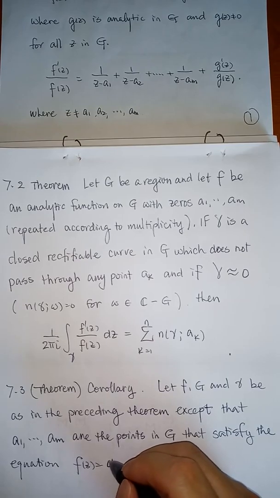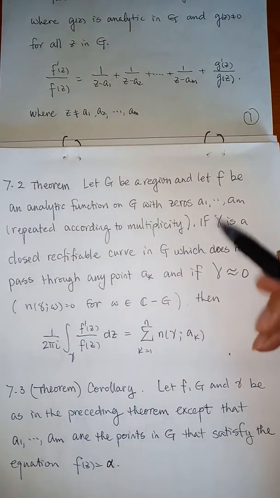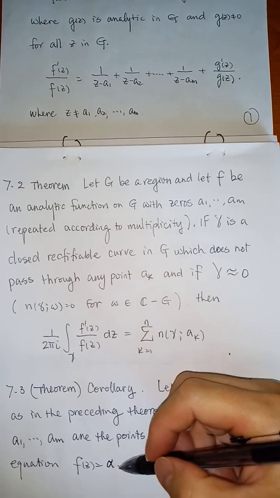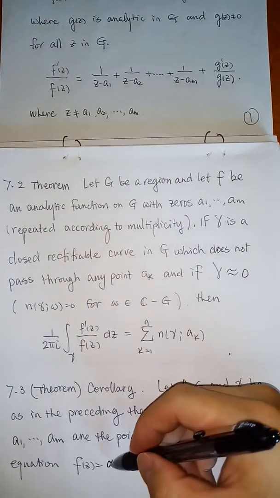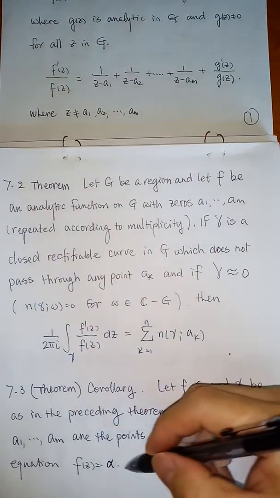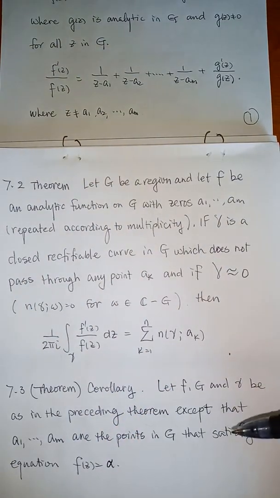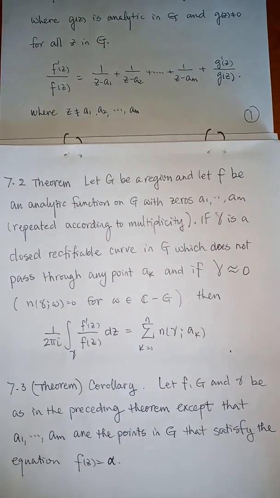Here, 0 means Fz is equal to 0. This place you get the zeros, then Fz is equal to 0. And this place we replace 0 by alpha, whatever complex number alpha.